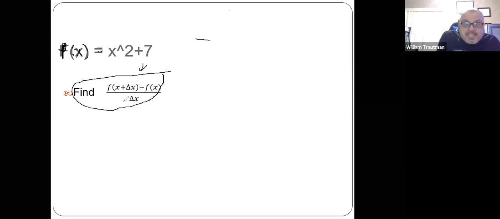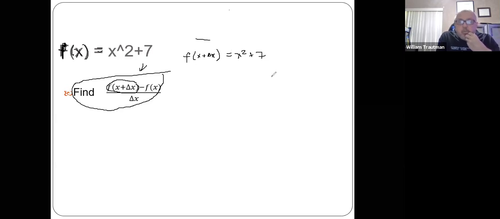So what this says is, first we want you to find this function. I want to find f of x plus the change of x. That triangle symbol is another way of saying the change of x. What we're doing is plugging this into x, right?